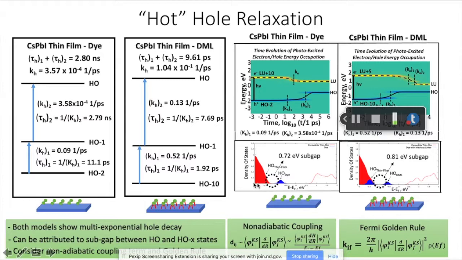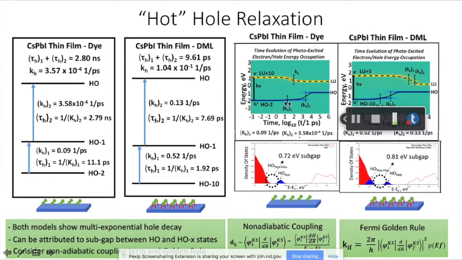So we'd have a small denominator, which will give us a high coupling term, so you'd expect fast transitions between those states. But between the HOMO minus 1 and HOMO states, there's a big subgap, so we have a big denominator, a small non-adiabatic coupling term. So we'd expect slower rates between those states and longer lifetimes.